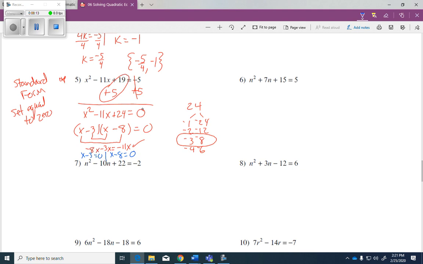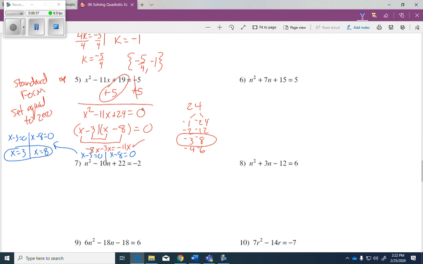Now I ran out of room, so I'll come over here. If x minus 3 equals 0, or if x minus 8 equals 0, then add 3 to both sides, x is a 3. Add 8 to both sides, x is an 8. These are the two possible answers for x. I can write it in set notation if I want, but that's actually not necessary.